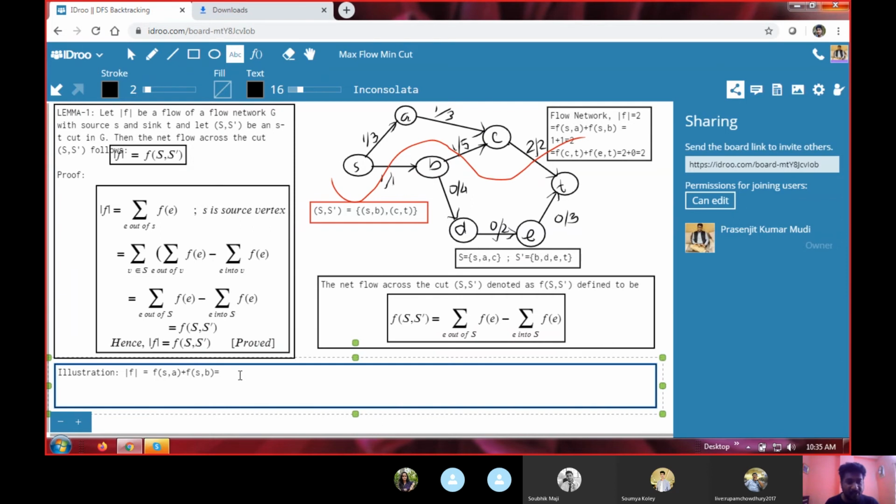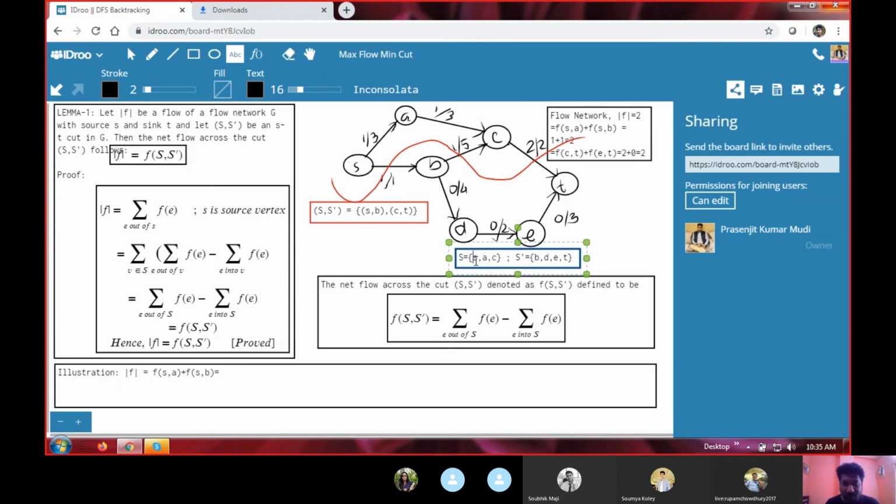So this is saying that you sum up all the flows outgoing from S. So you consider all the vertices S, A and C separately.